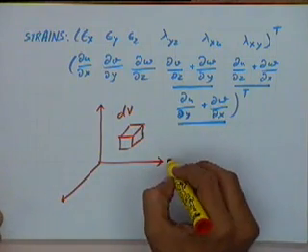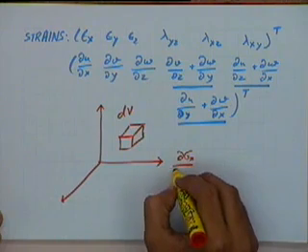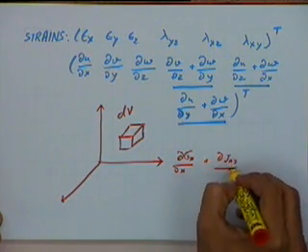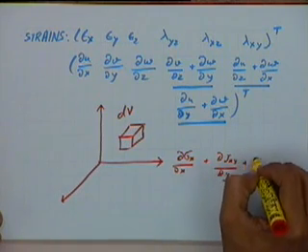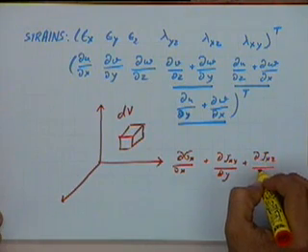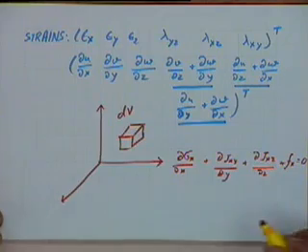The first is del sigma x by del x plus del tau xy by del y plus del tau xz by del z plus fx is equal to 0.